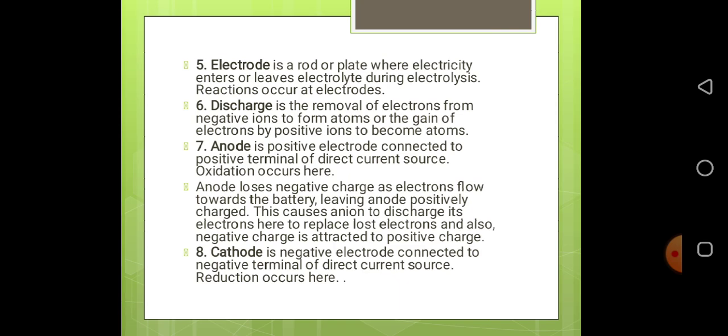Then we have the anode. The anode is a positive electrode connected to the positive terminal of a direct current source. Oxidation occurs here. So at the anode, negative ions go there and are deposited, becoming neutral. The anode loses negative charge as electrons flow toward the battery, leaving the anode positively charged.